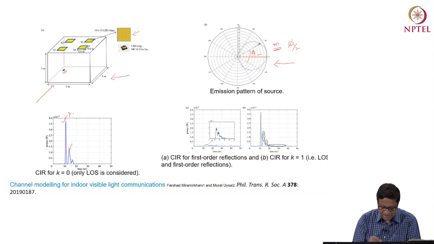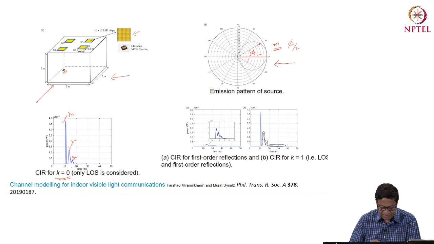This is S1, this S2, and this contribution can be from S4, and probably S3 is too far. It is not contributing to the detector, so you don't see any peak here. So this corresponds to only line of sight, or K equal to 0.